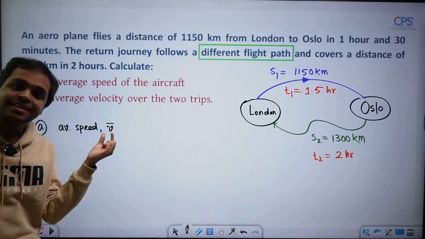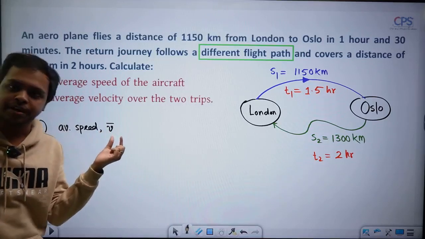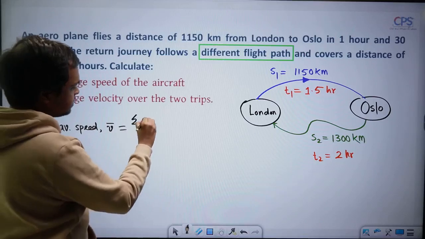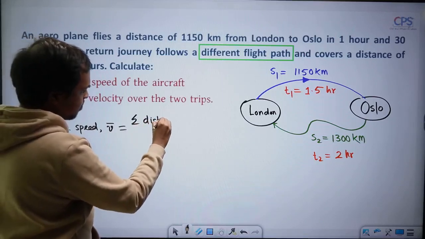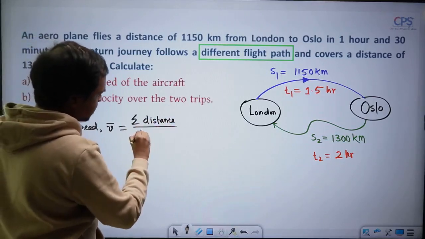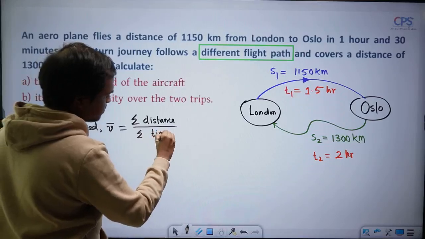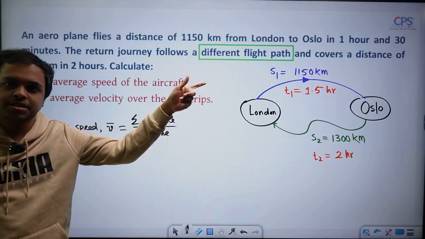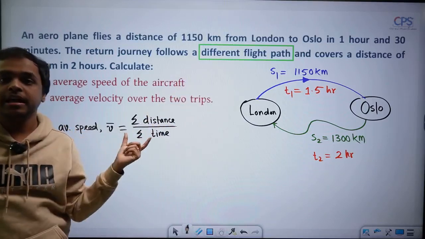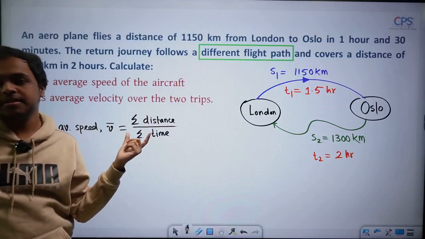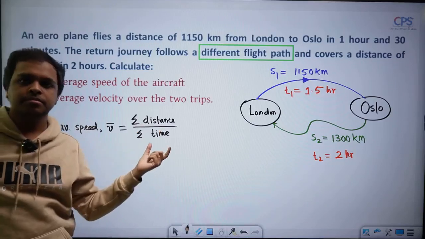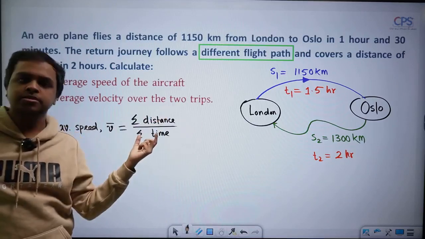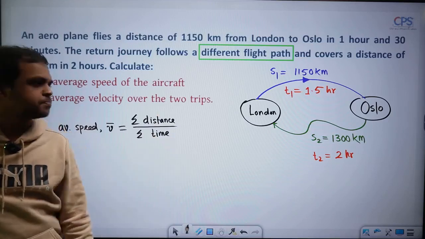This bar means average. It's the summation of distance over the summation of time. Always try to remember that. That's why it's called average, because there are two paths. But the concept is the same: distance over time. Sum those distances and sum those times, and you are good to go.